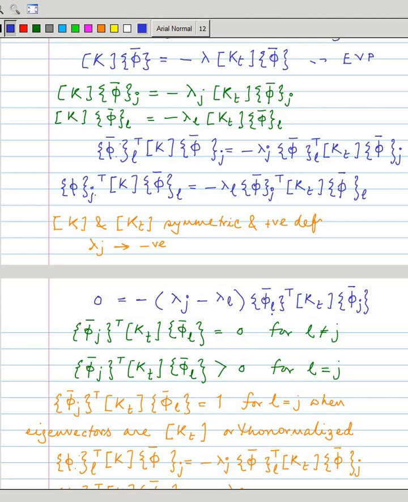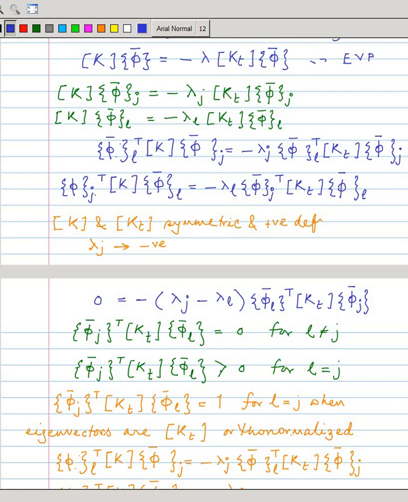But if l and j are same, then this is not equal to 0. If l and j are same, this is greater than 0 because kt is positive definite. So for l equal to j, this is greater than 0, and for l not equal to j, this is 0.